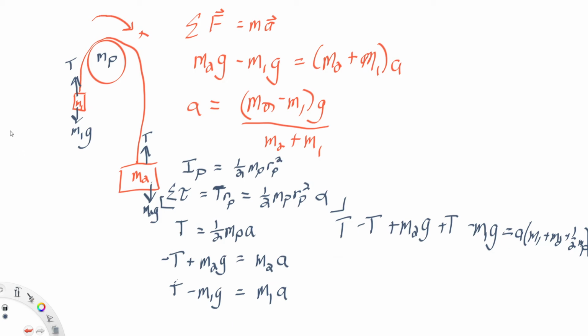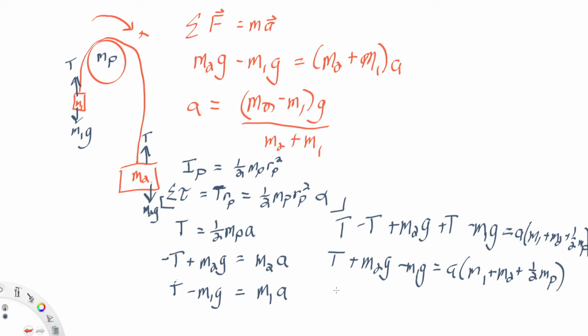So we just get T equals, or T rather, plus M2G minus M1G, and we could use any one of these expressions to eliminate T from this if we wanted.